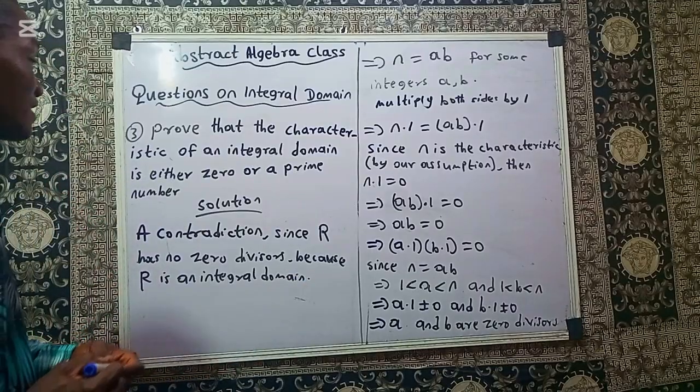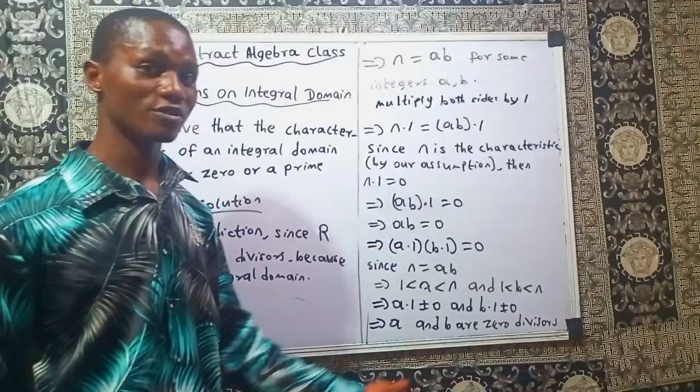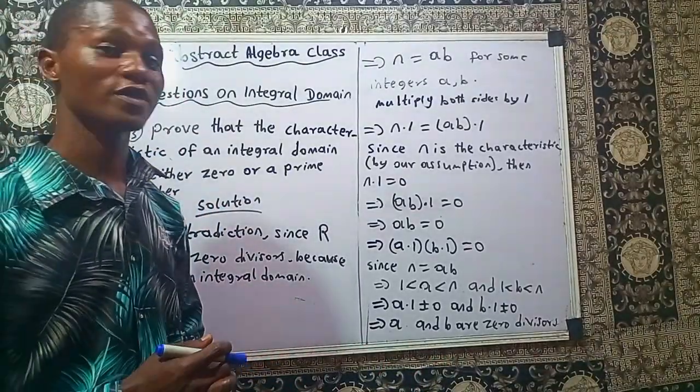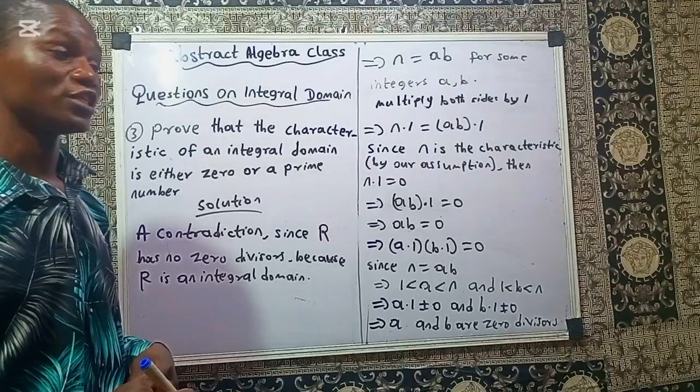Because R is an integral domain, R should not have a zero divisor. But I'm getting that R has a zero divisor. So this contradicts the definition of an integral domain, which shows that our supposition is wrong.